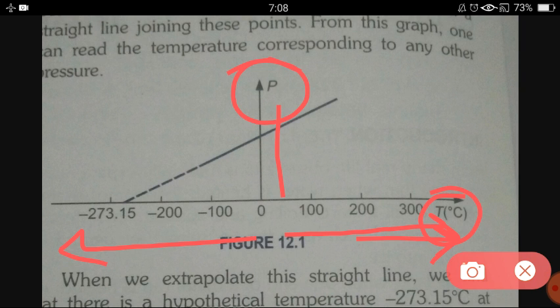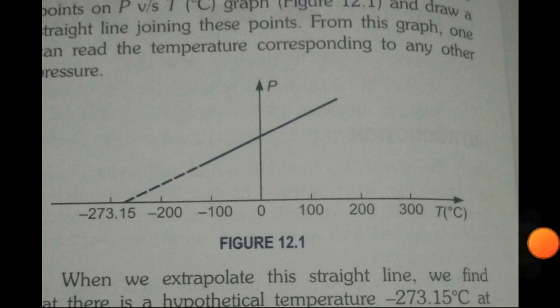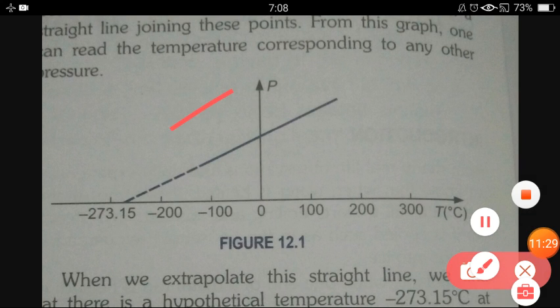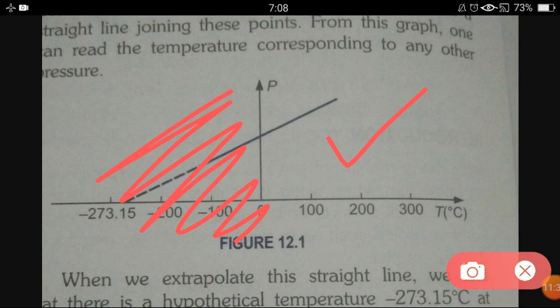Right now, simply ignore this side; we will talk about this side only.